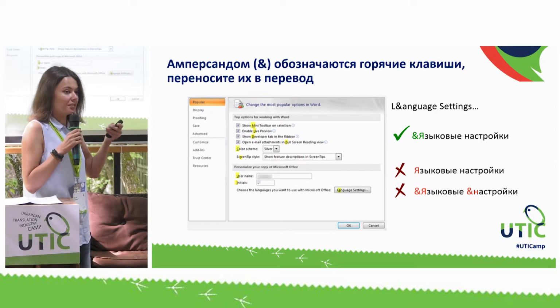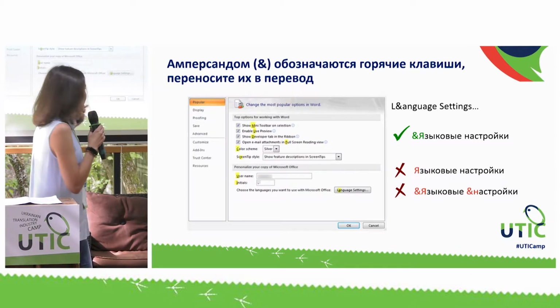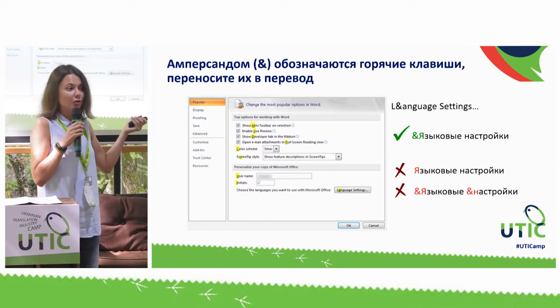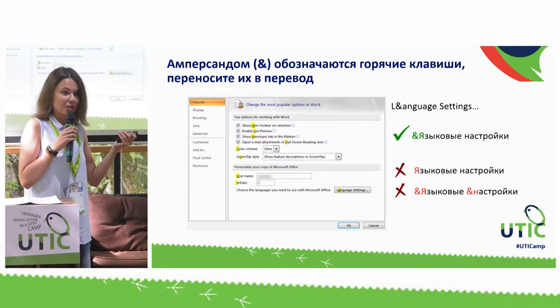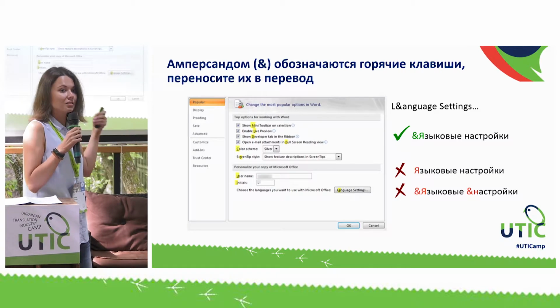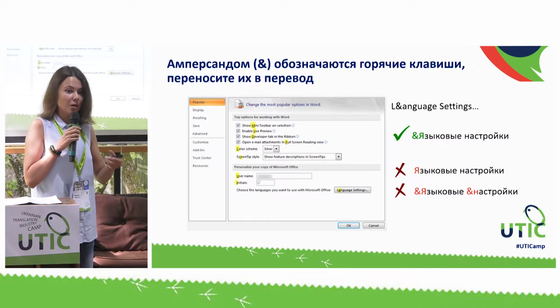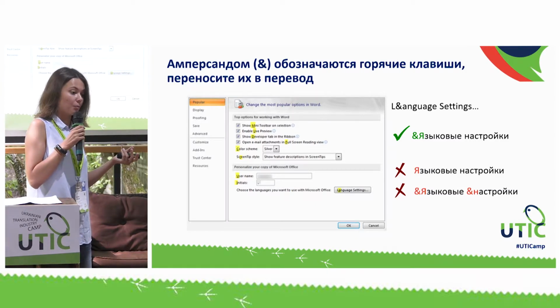So what we should do in the target text is shift the hotkey ampersand prior to the letter that we would make the hotkey. For example, with the letter Ya, it will mean language and settings.